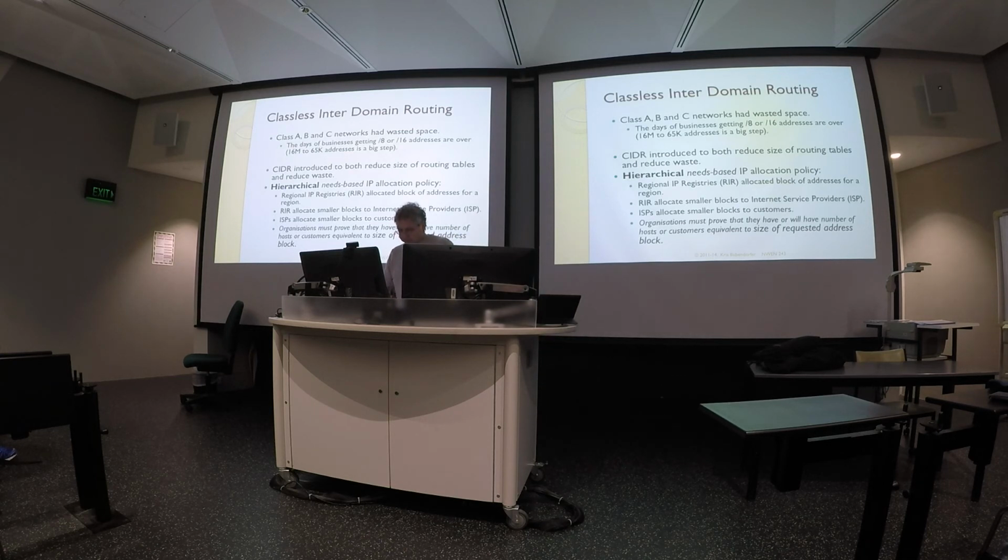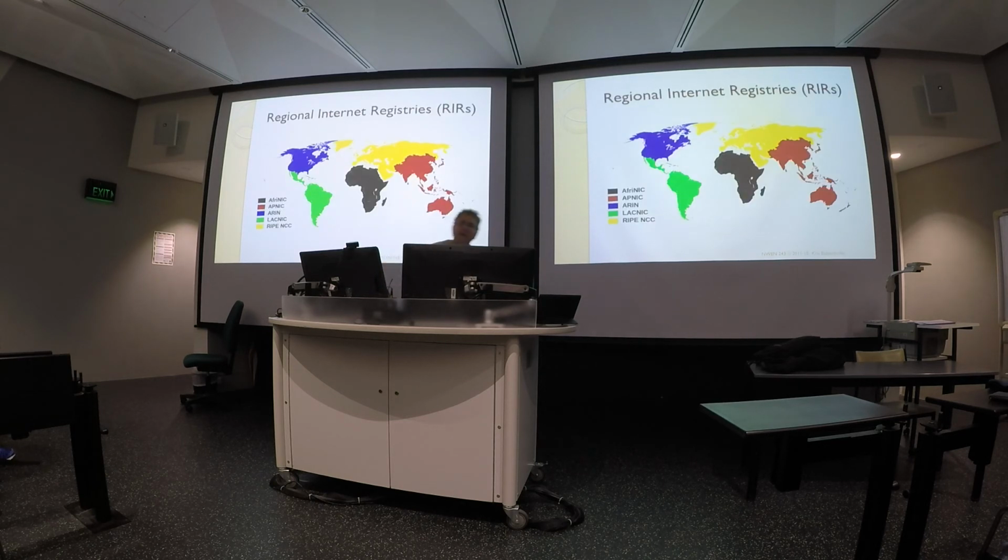Let me just catch up where I am. So here's a picture. This is how the world was split up. These are the regional internet registries: North America, South America, Africa, Europe and Russia, and the Asia Pacific region.